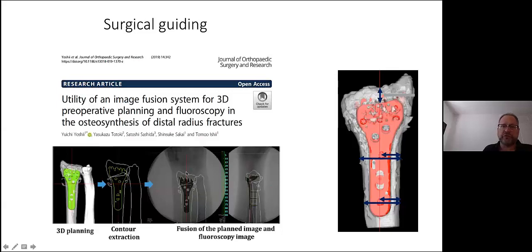So when you do the surgery, you know if you're in the right position or not. You can use the fluoroscopy and move the plates until it fits the contours you have planned before. This is a little bit how it looks. So there will probably be a lot of development in this field of guiding, I think.